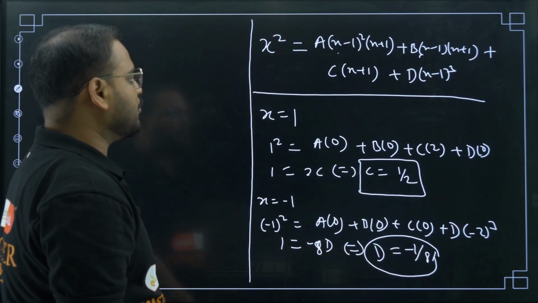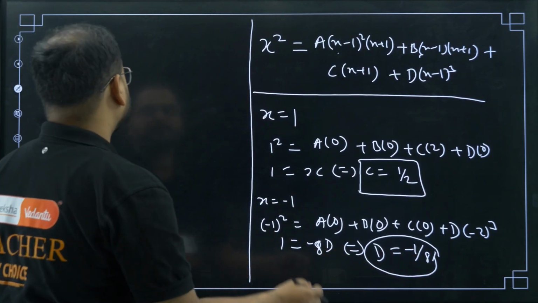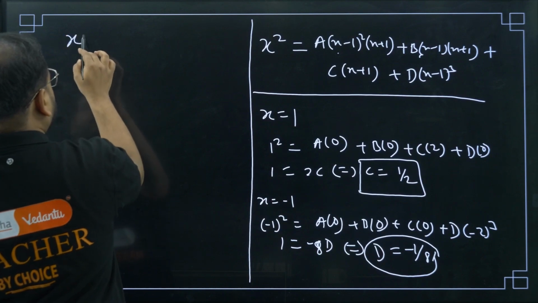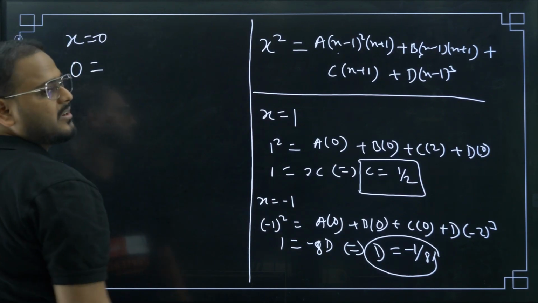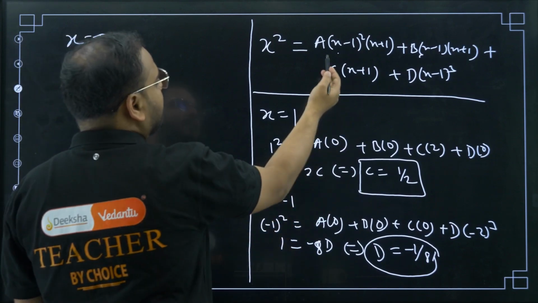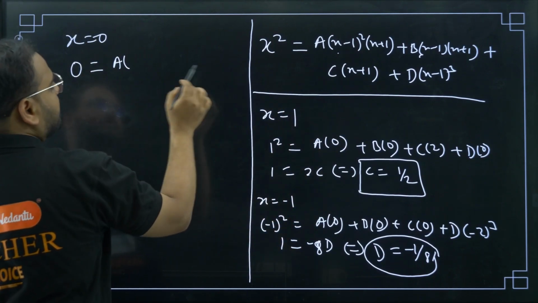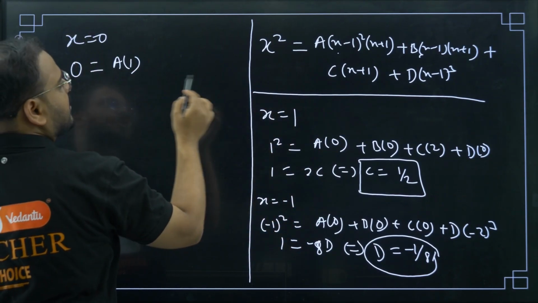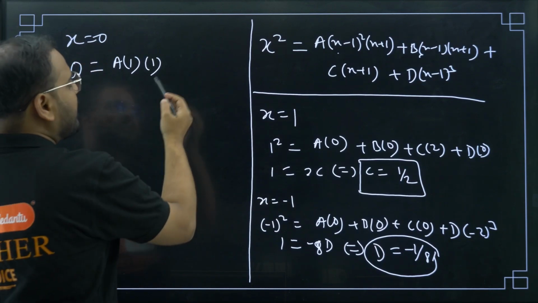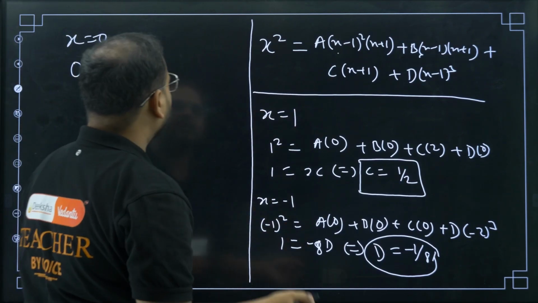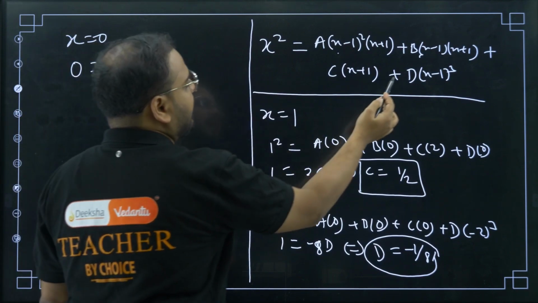Now put x equals to 0. Please have a look. I'm putting x equal to 0. I'll get 0 on the left hand side because 0 square. Now if I do that, what am I going to get? A times of 0 minus 1 is simply 1. And 0 plus 1 is also simply 1. 0 minus 1 the square is simply 1. What about this? Again I get 0 minus 1.